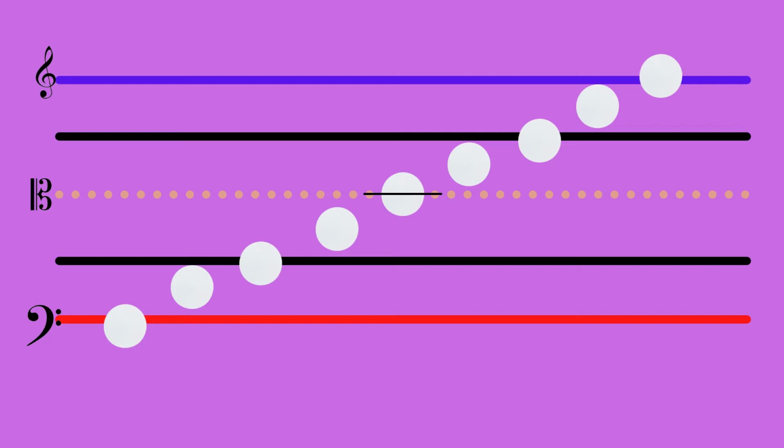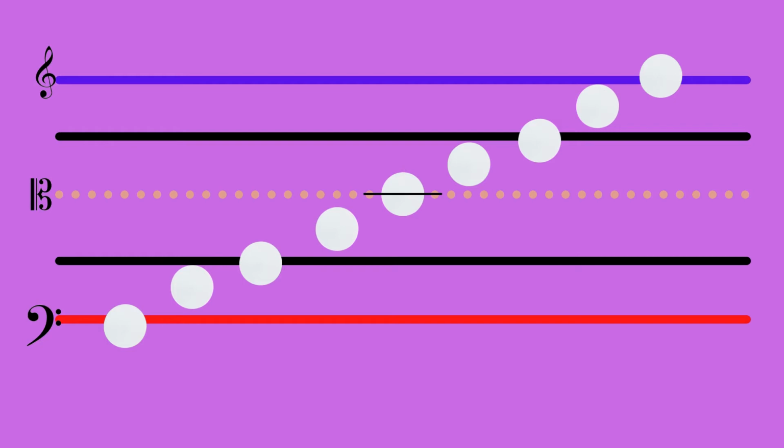For example, in this example, I dotted the yellow line, like in the grand staff. We can imagine the grand staff as the dotted line, the C line, being in between, the treble clef above, and the bass clef on the bottom.